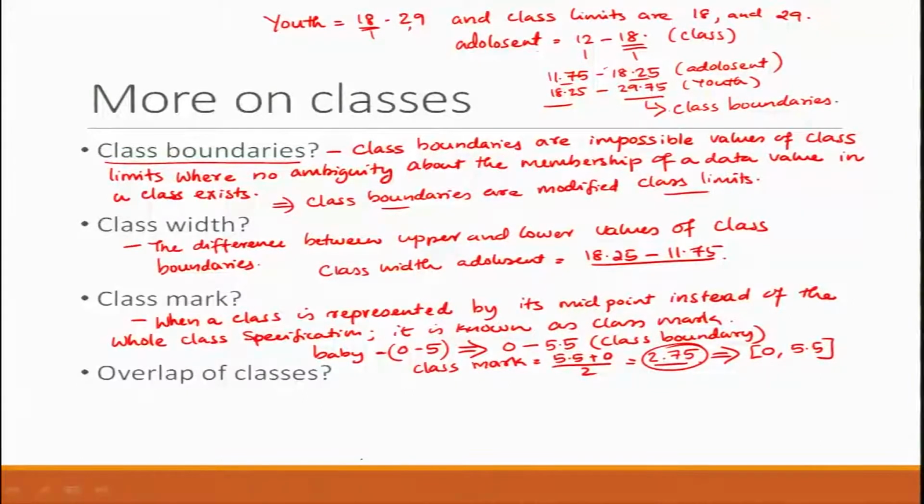Class overlap. What happens if the class overlaps?